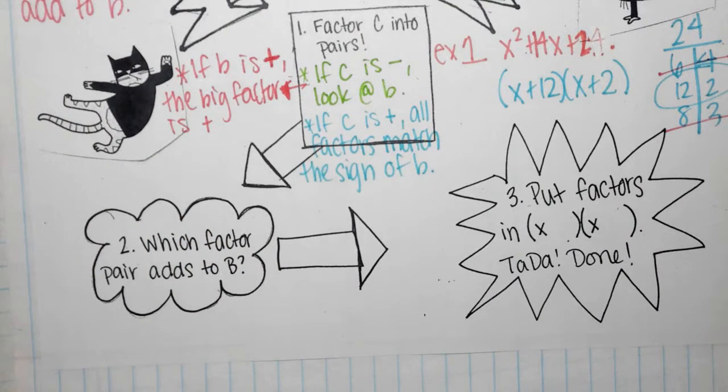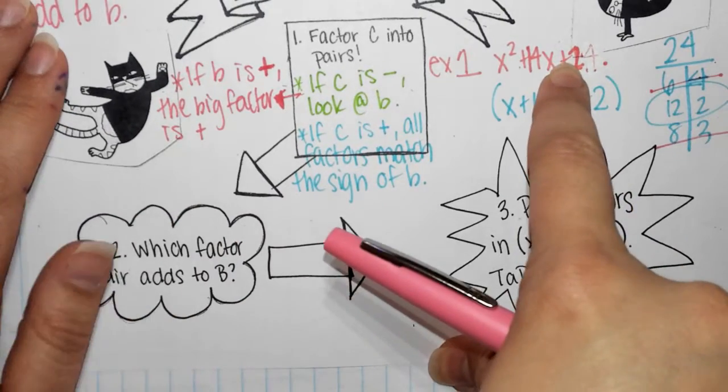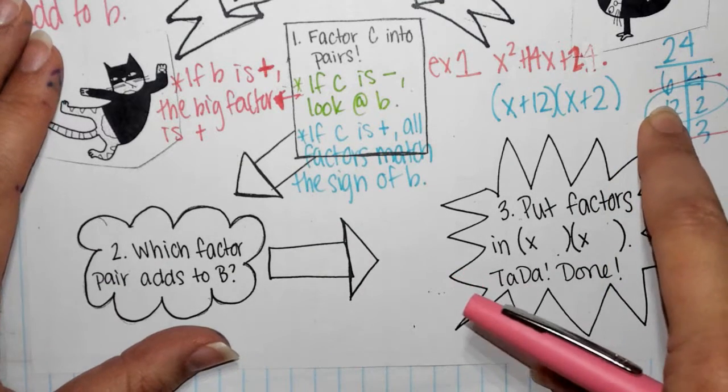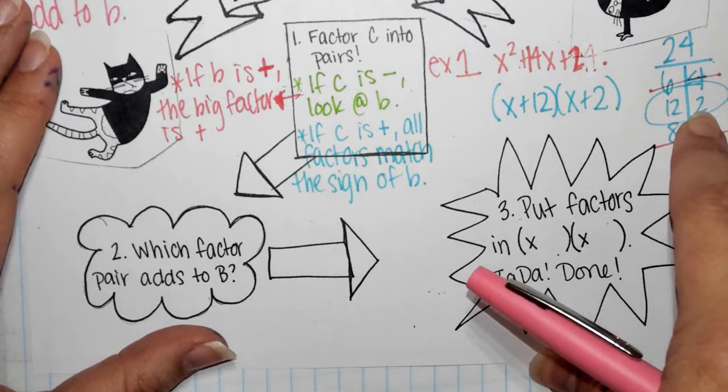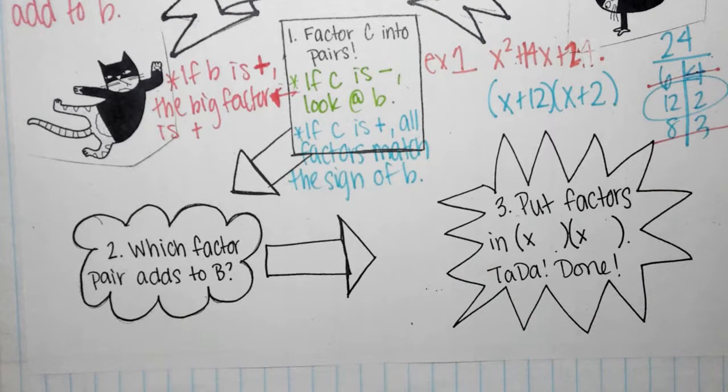So of our two numbers, the bigger one has to be positive if B is positive. So right here, if 24 was negative and 14 was positive, our 12 would have to be positive, our smaller number would have to be negative, because to multiply to get a negative number, you have to have a positive number and a negative number. Does everybody agree? Yes, ma'am.